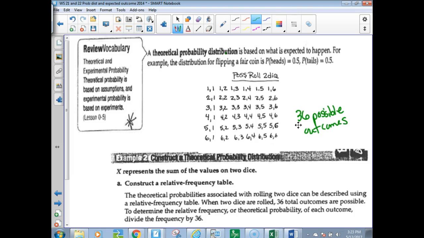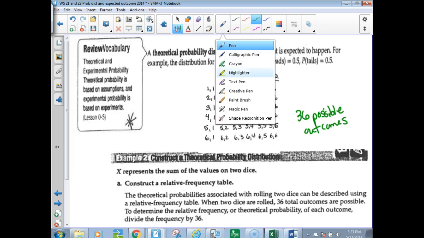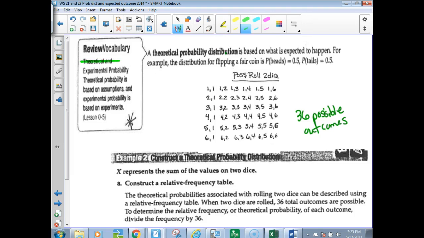The theoretical probability is based on what is expected to happen. For example, the distribution of flipping a fair coin: probability of heads is 1/2, probability of tails is 1/2. There's a little star in that box. Theoretical and experimental probability.